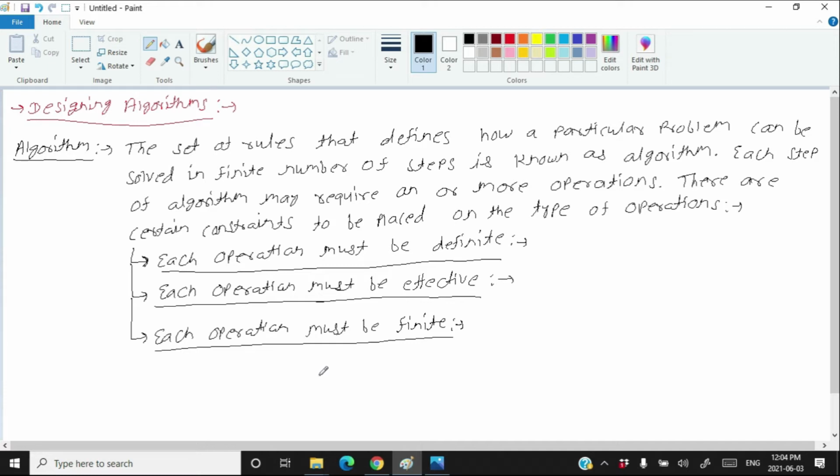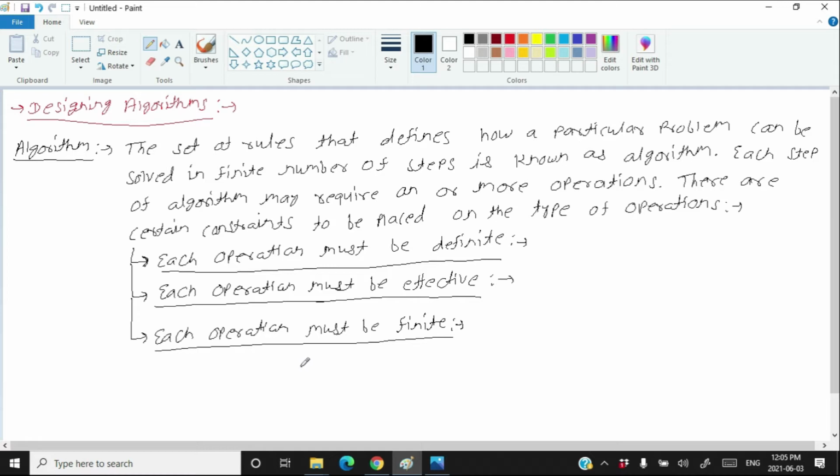So what is the algorithm? An algorithm is the set of rules that define how a particular problem can be solved in a finite number of steps. It should not take infinite steps to solve the problem. Then you have various operations in each step, and each operation must be definite, meaning meaningful, not like dividing by 0.